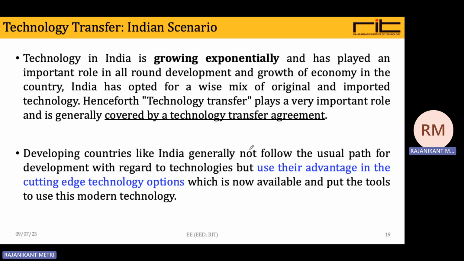And developing countries like India generally do not follow the usual path for development with regard to technologies, but use their advantage in the cutting edge technology options which are now available and put the tools to use this modern technology.